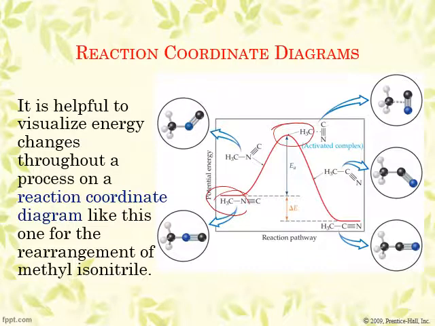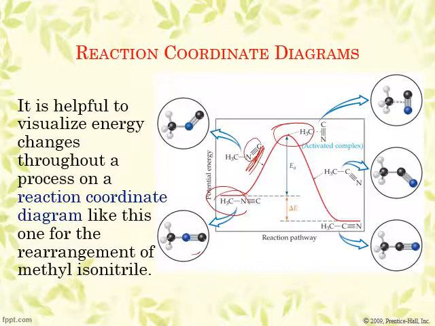In this example here, this is the rearrangement of methyl isonitride. During the rearrangement, in this transition phase here, you can see the triple carbon bond is starting to move from the 180 degree position.